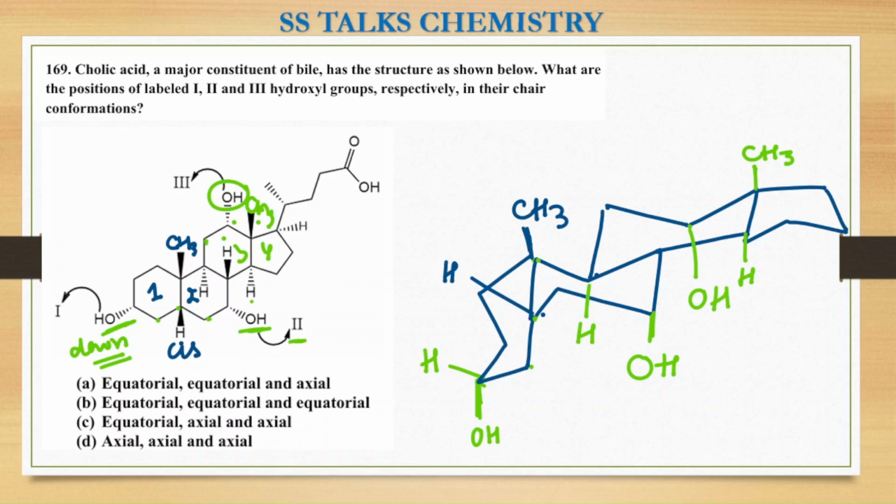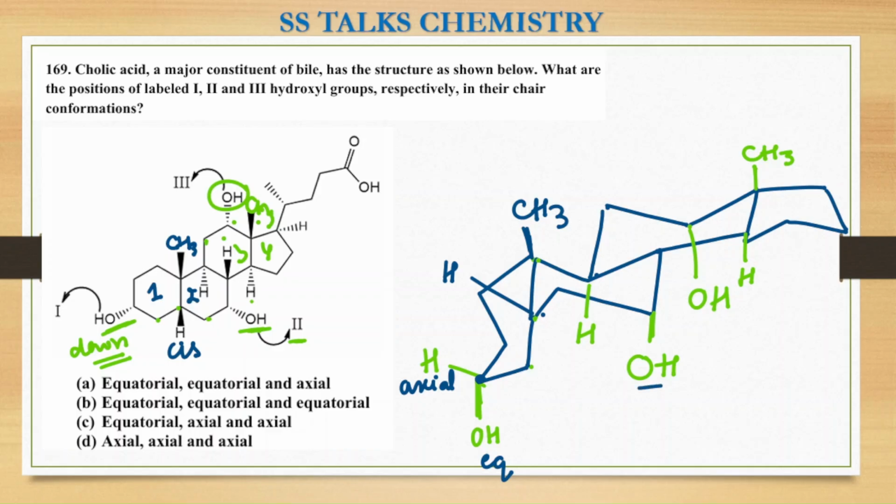Now you just have to find the axial or the equatorial position that we are having over here. Okay. So here you can see around this ring, that is the first one that we are having, the H atom that is present is in the axial conformation, and this OH group that is present is in the equatorial conformation, right?